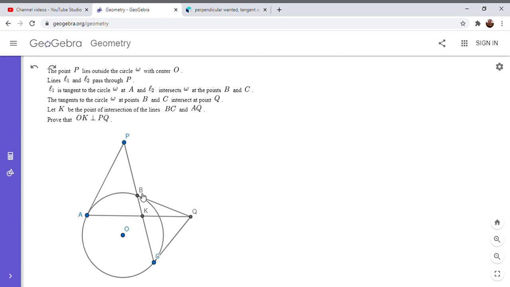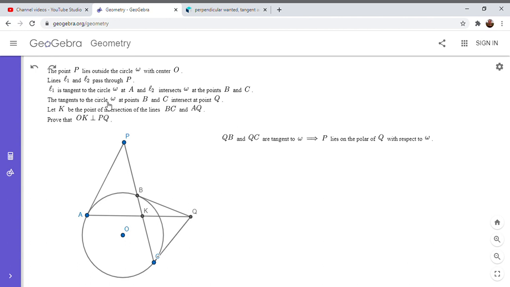So like I mentioned before, the polar of Q is the line so that OQ is perpendicular to it, and also the distance from that line to O times the distance from Q to O is the radius squared. So it's a property of polars that if you have a point and you take the two tangents to a circle, then the line connecting the 2 points of tangency is the polar of that point.